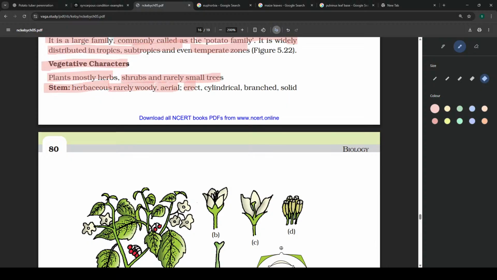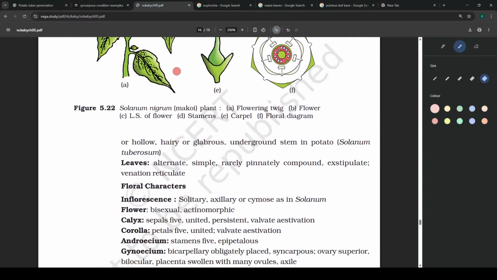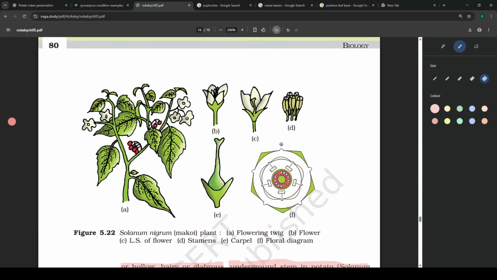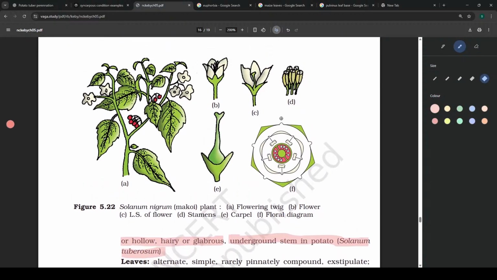They're aerial, erect, cylindrical, branched, solid or hollow, hairy or glabrous. Underground stem in potato, Solanum tuberosum. The scientific name of potato plant is Solanum tuberosum. Solanum nigrum, that is the makoy plant.